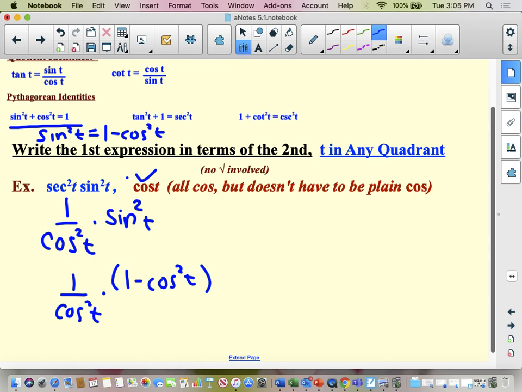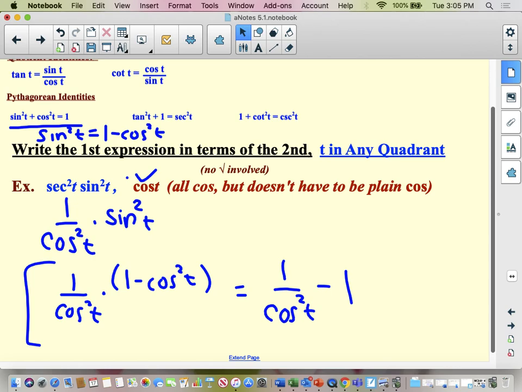It doesn't matter if they're squared or not squared, the ones are fine. You really could leave it as is. If you want to distribute that through, you could also have 1 over cosine squared minus 1. Either of these are fine answers. So that is secant squared times sine squared in terms of cosine.